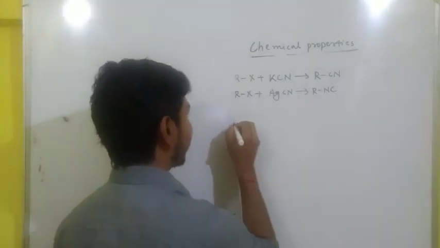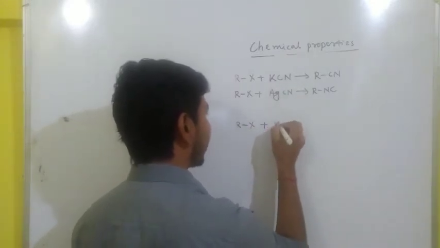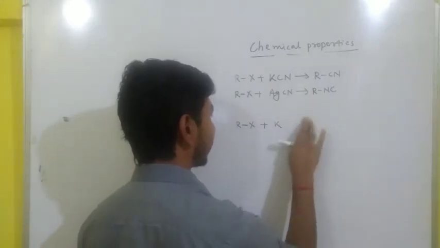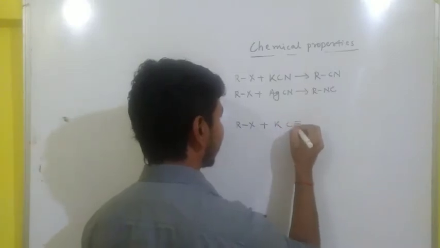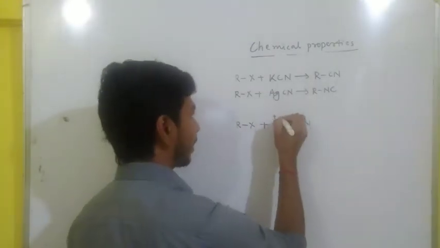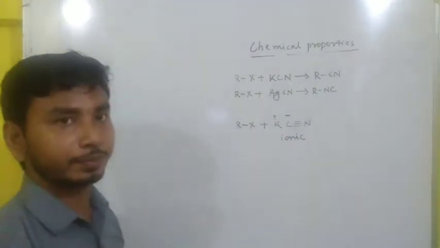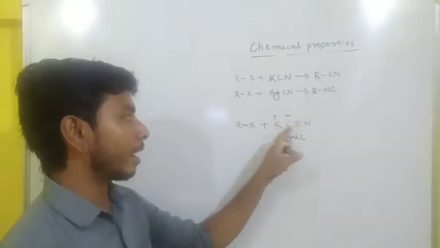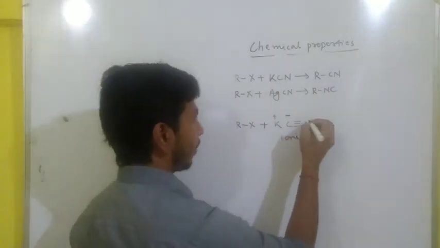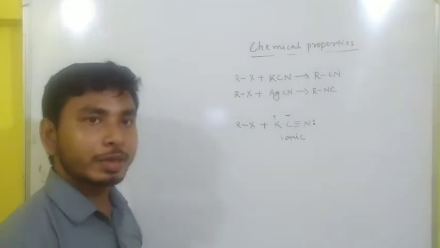Now this is because RX reacts with KCN, that is potassium cyanide. Potassium cyanide is an ionic compound, K plus CN minus. So here it is CN minus. We know that nitrogen always carries one lone pair.